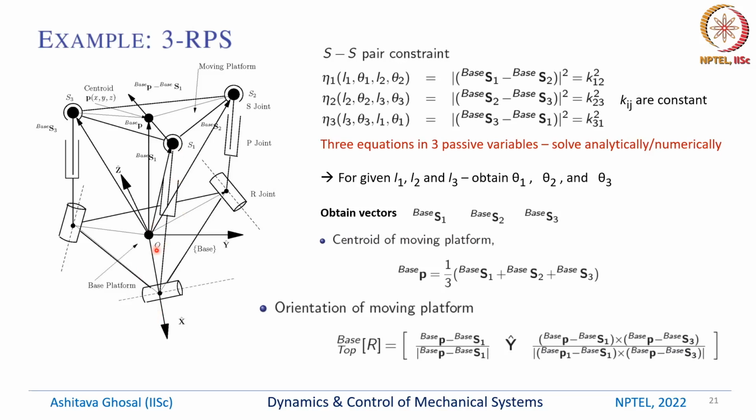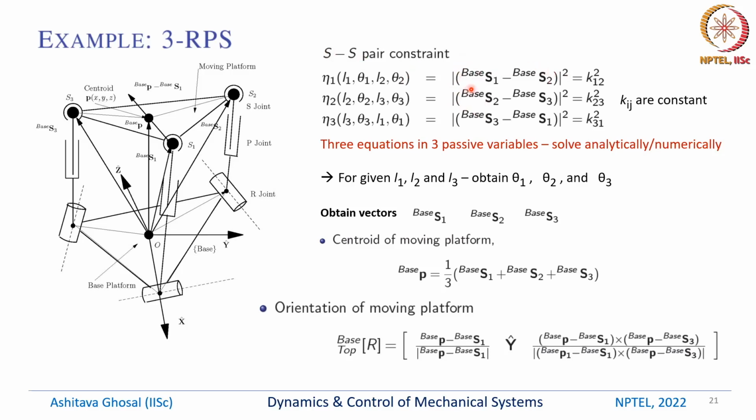Once we find these vectors which locate the spherical joints S1, S2 and S3, we can find the length between base S1 and S2. This is one of the sides of the top equilateral triangle, and this distance is constant. This is sometimes called the SS pair constraint, which we had looked at earlier.